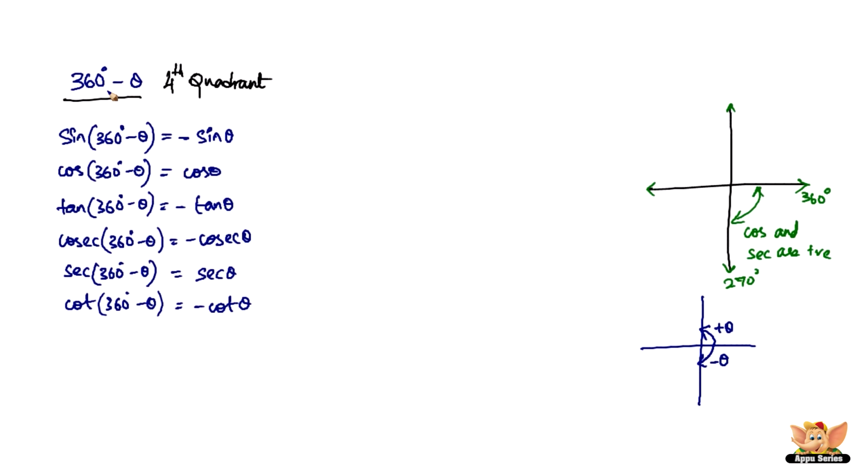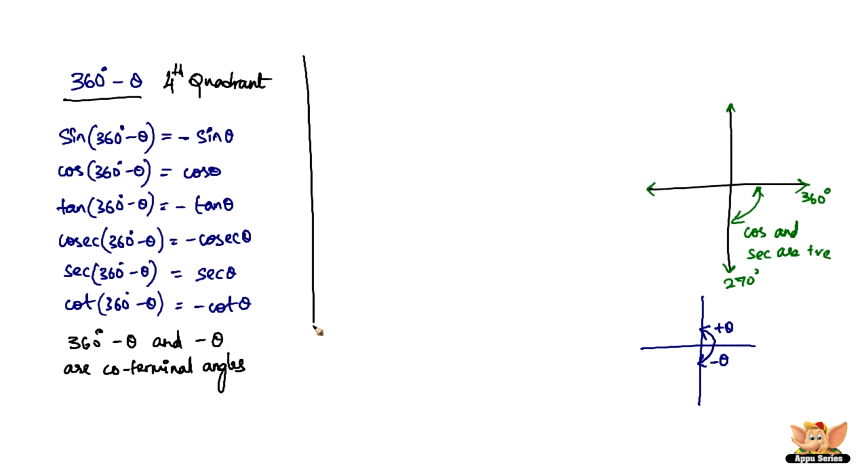So this 360 degrees minus theta is also negative theta. 360 degrees minus theta and minus theta are coterminal angles because both of them share the terminal sides. So this is going to be the same as the negative theta. So that's a clue. You don't have to learn 360 degrees minus theta separately. If you learn the negative theta, it applies to 360 degrees minus theta as well.